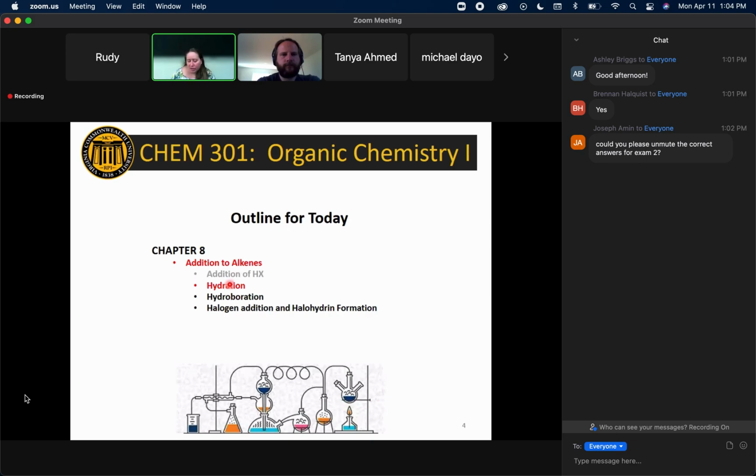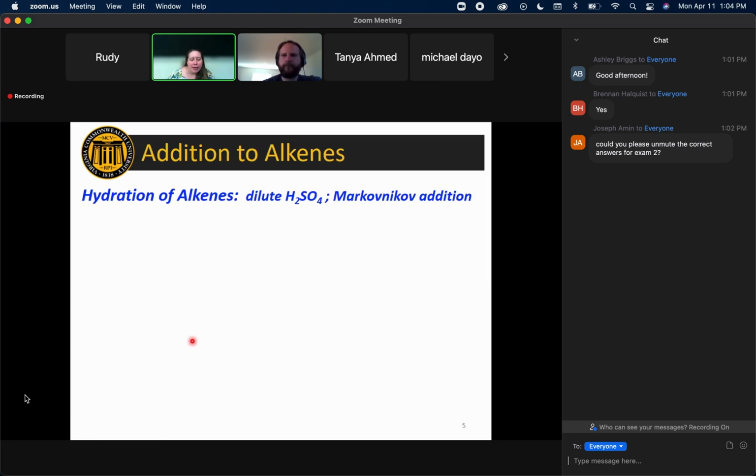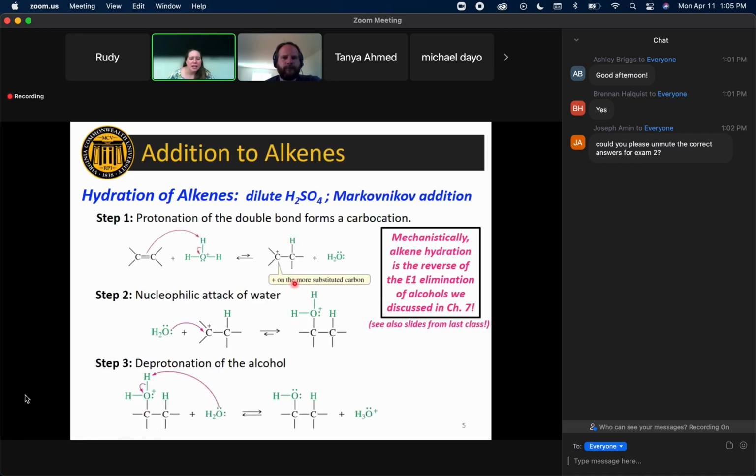We covered this in good detail on Friday, but we're going to extend it a little further today. As a reminder, we talked about the hydration of alkenes using dilute sulfuric acid, which goes in a Markovnikov fashion. Dilute sulfuric acid means we have a lot of protonated water around; this proton comes from the sulfuric acid.